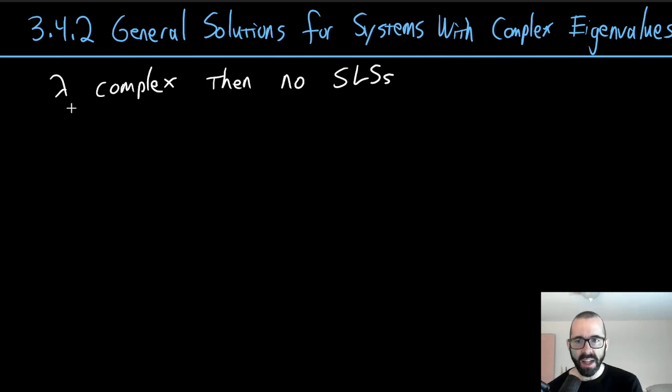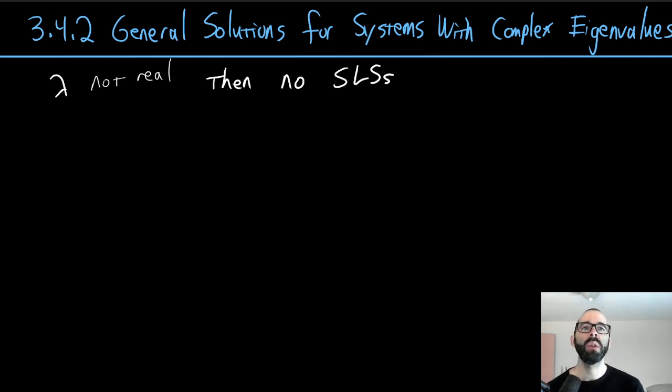So if lambda is not real, then we have no straight line solutions. But we do still have solutions, and we can still find them. And here's the good news.